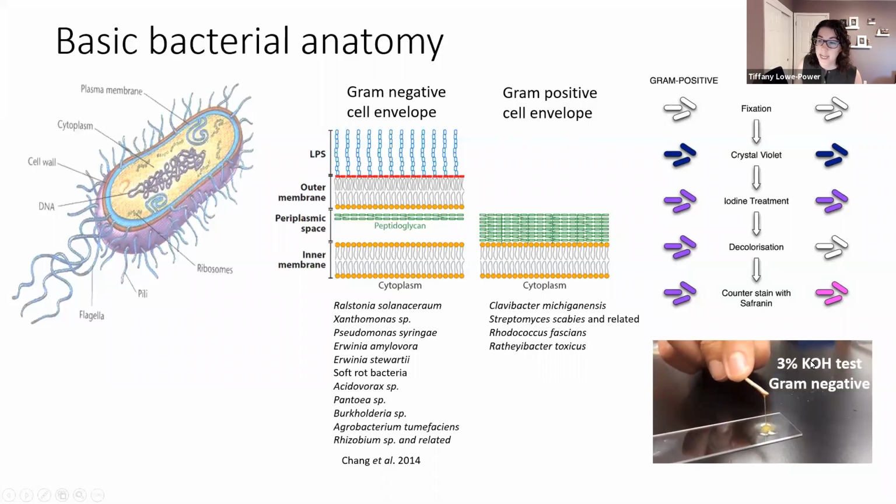So if you take potassium hydroxide and murder the bacteria in it, gram-negatives will be very goopy, whereas the gram-positives probably still die, but they don't lyse and they don't become as goopy. So that's a quick and dirty test. This one's a little bit more commonly used in diagnostics if you just want to quickly differentiate between these two major clades.